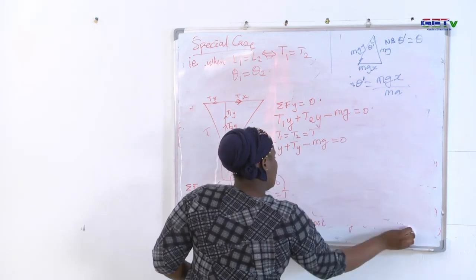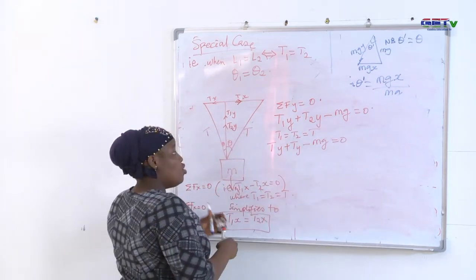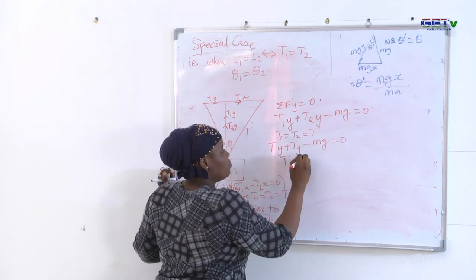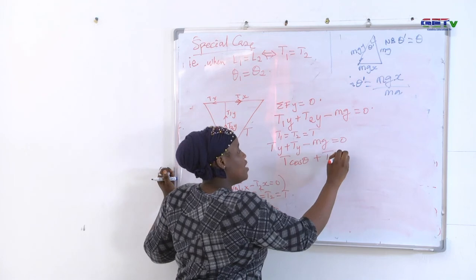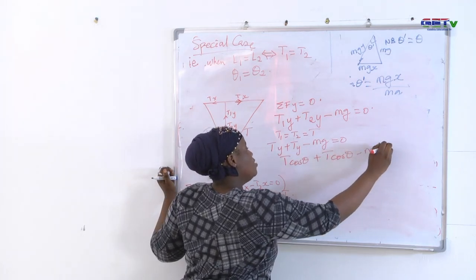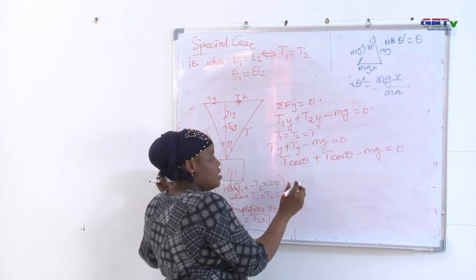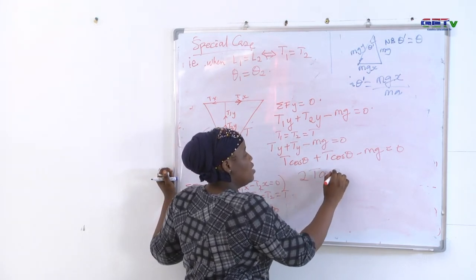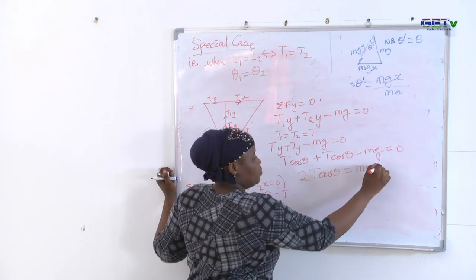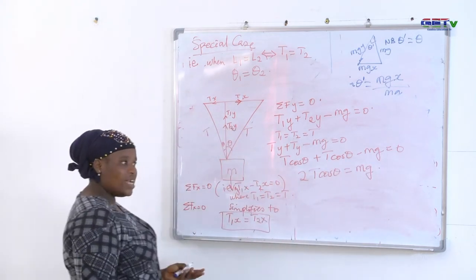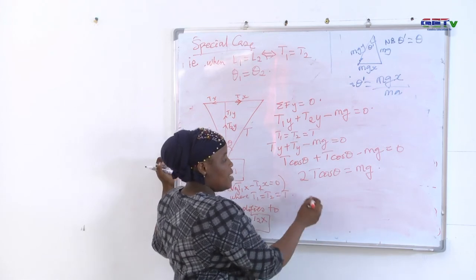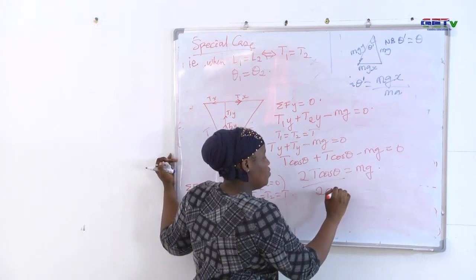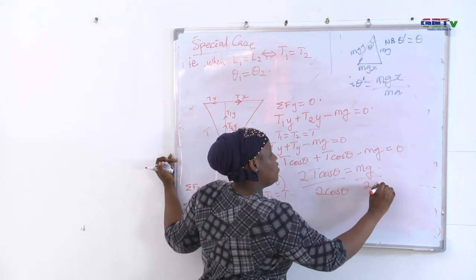If you recall, we solved Ty as T cosine of theta plus T cosine of theta minus mg is 0. So T plus T will obviously give us 2T cosine of theta is equivalent to mg. If the tension is required, we can always find it by dividing everything by 2 cosine of theta.